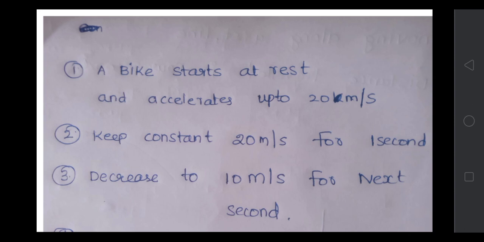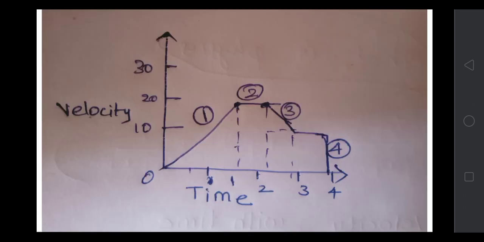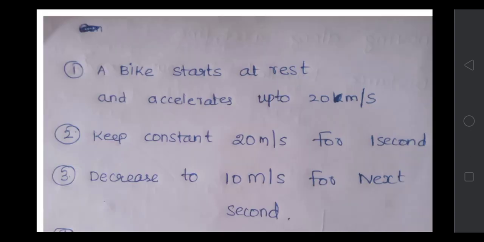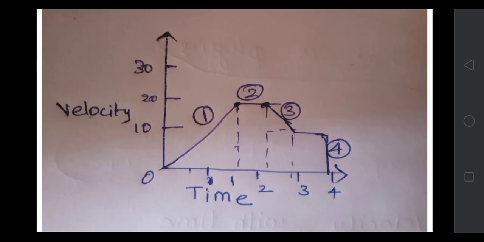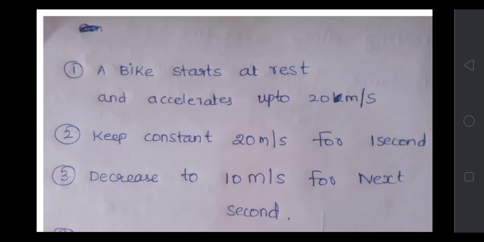This figure can be imagined with a bike. A bike starts at rest and accelerates in a straight line up to 20 meter per second, and keeps it constant. So between 2 to 3 seconds it keeps a constant 20 meter per second, and then for 1 second it decreases to 10 meter per second.